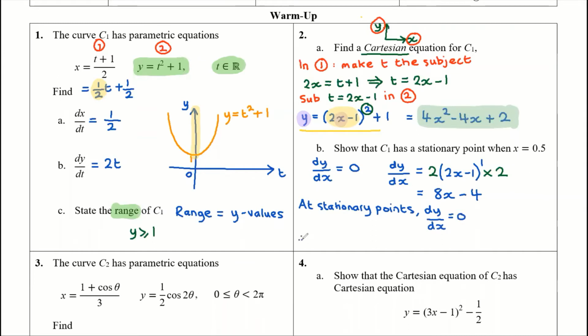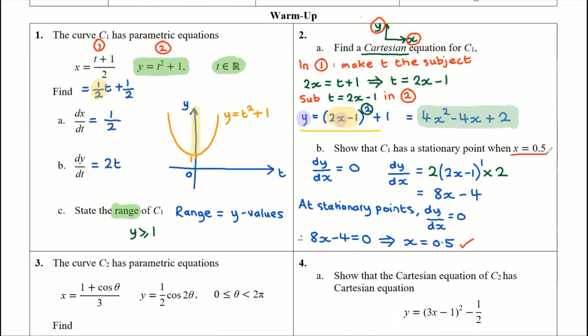So therefore, 8x subtract 4 is equal to 0, which implies that x obviously must be 4 over 8. So x must be 0.5. And we've just verified what we had to show.